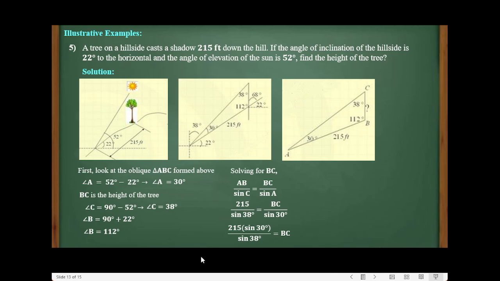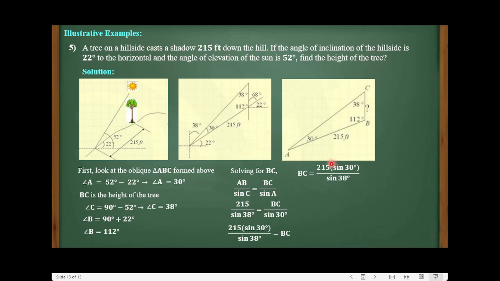So, solving for the length of segment BC, that will give us 215 times sine 30 degrees over sine 38 degrees. Now, using the scientific calculator, we can compute for the equivalent of these two. Okay? So, applying the symmetric property, we can interchange the position of the left and the right side of this equation. So, BC is equal to this one.